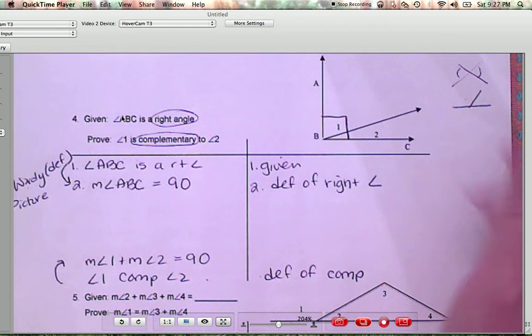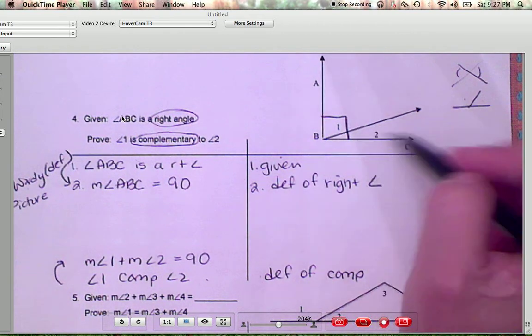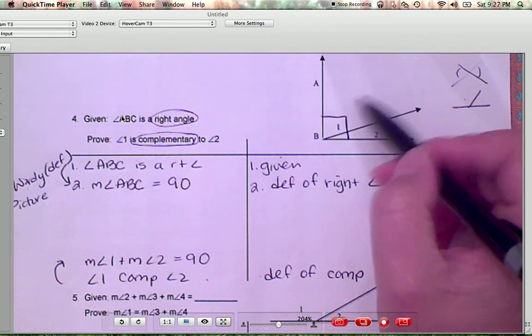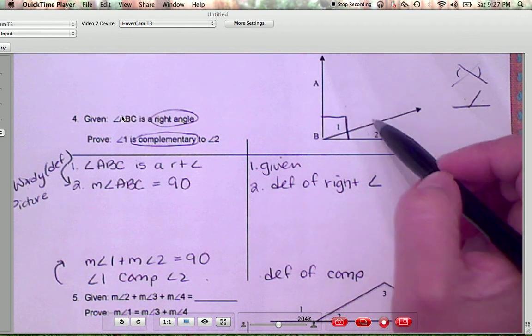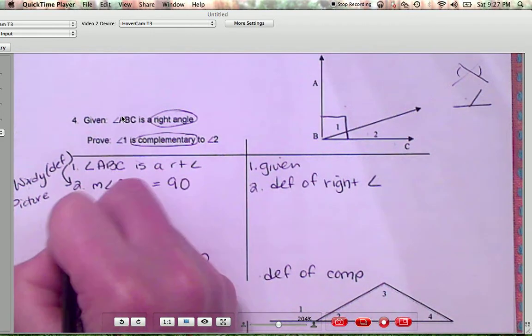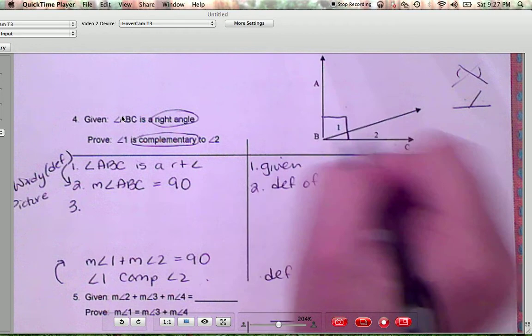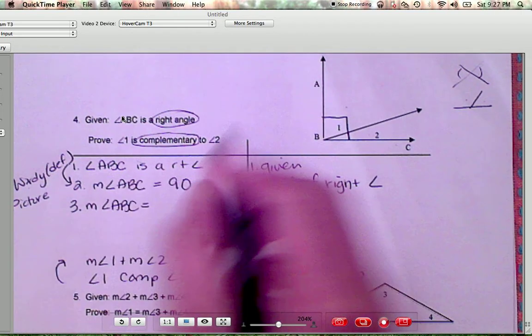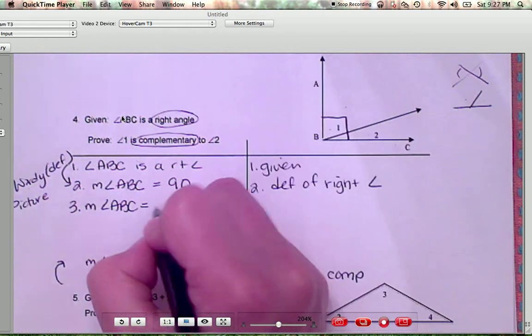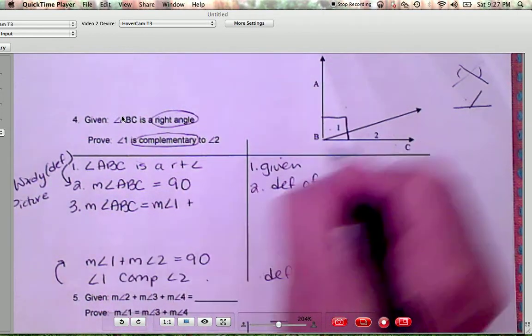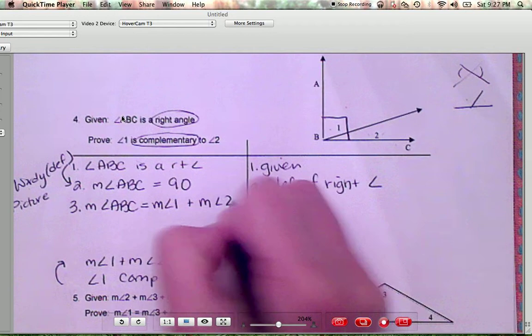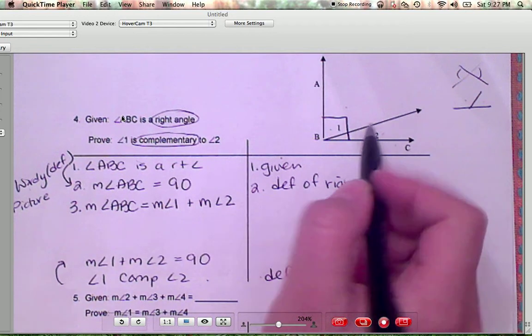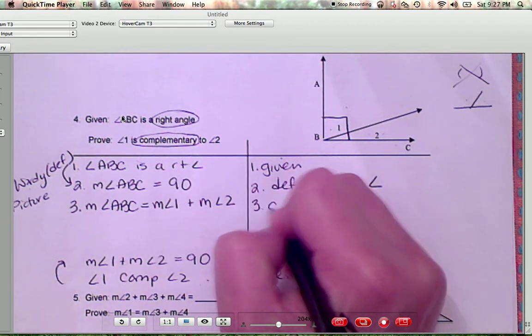But we do have an angle addition, because we have a larger angle that's made up of two smaller angles. So that's actually what we're going to do next. The measure of angle ABC equals the measure of angle 1 plus the measure of angle 2. And that came from the picture, and that is, of course, angle addition.